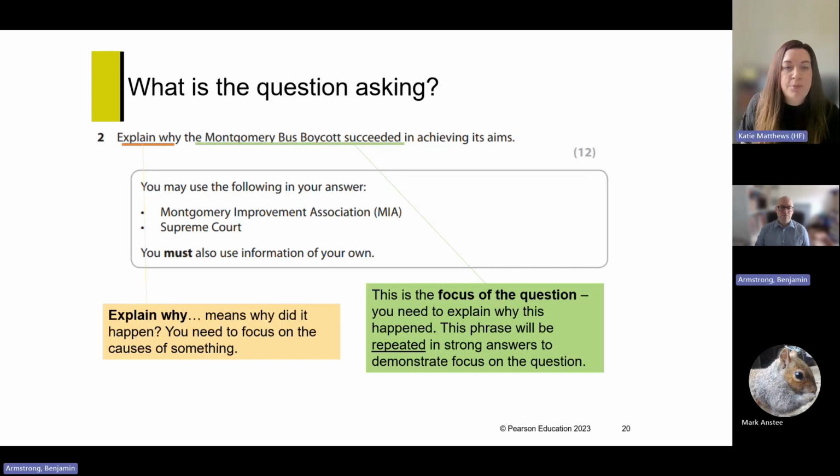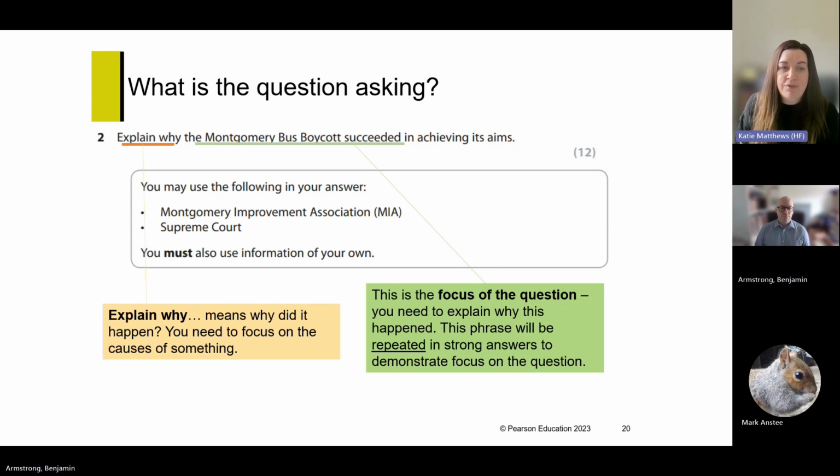Explain why the Montgomery bus boycott succeeded in achieving its aims. So this is from the USA topic. Whichever topic you're studying, the question will be laid out the same. You can see here I've underlined where it says explain why, and that will always be the stem of this question. It's asking you, why did it happen? You need to focus on the causes here.